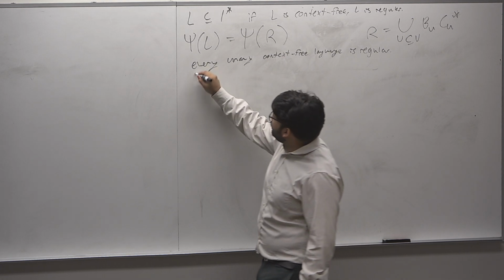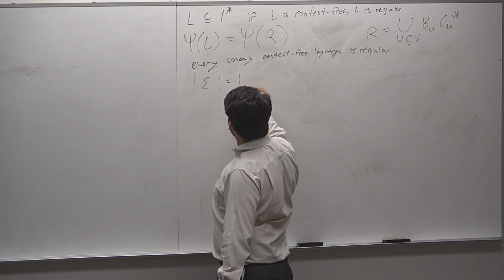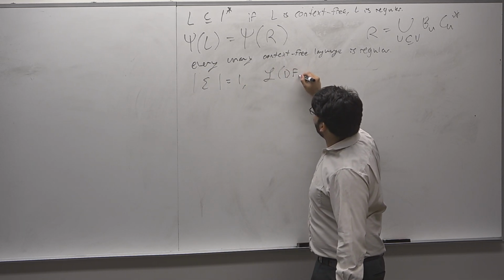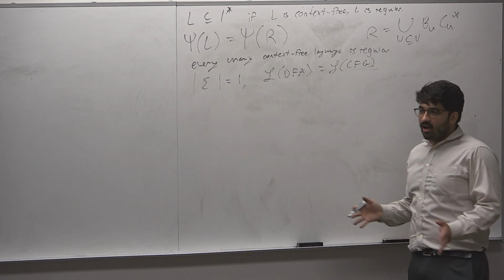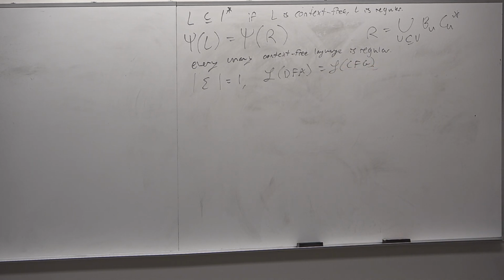So specifically in the case when sigma is equal to 1, LDFA is equal to LCFT. So really, the context-free languages are like regular languages with order. And that makes a lot of sense based upon the way we interact with language, the whole Chomsky thing, right? The precedence and the way that terms appear in sequence is really the major difference between a regular language and a context-free language, right?